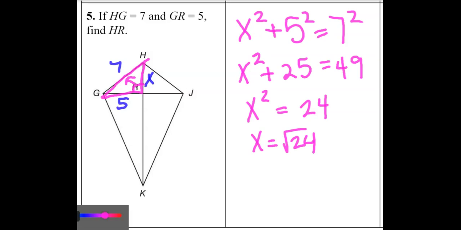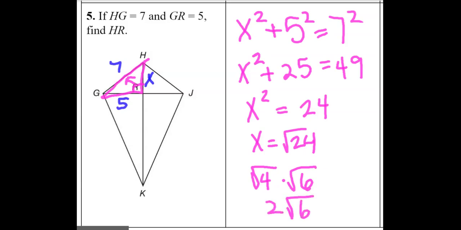Now the radical 24 can be simplified into square root of 4 times square root of 6. And square root of 4 is 2. So that's 2 square root of 6. That would be the simplified form. Or you can also get the decimal form of square root of 24, and that's roughly 4.9. So those are your two answers for number 5.